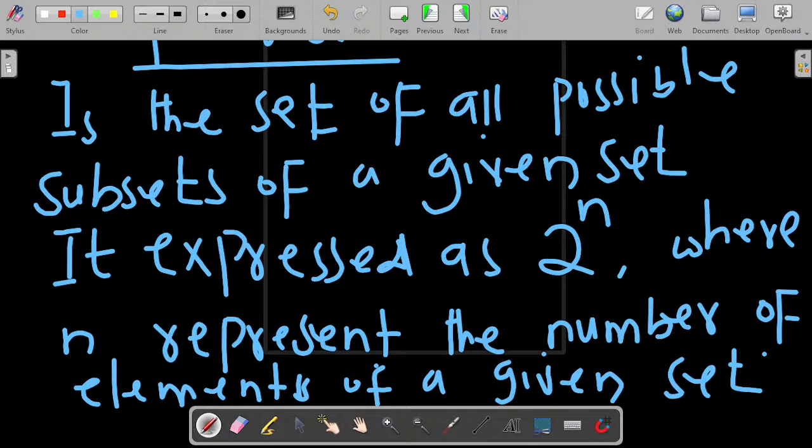No, 2 raised to the power n, that is not n to the power n. The n represents the number of elements of a given set.